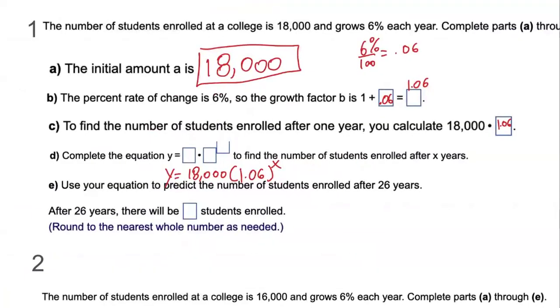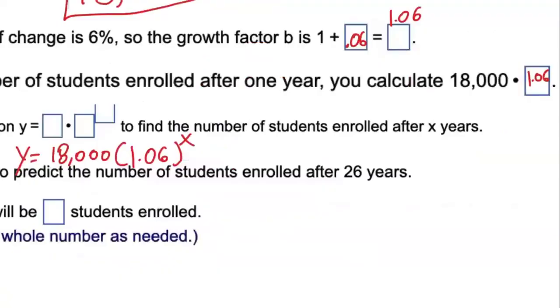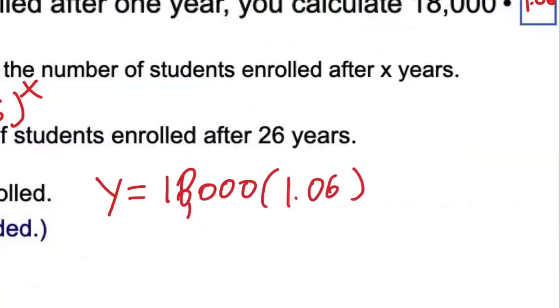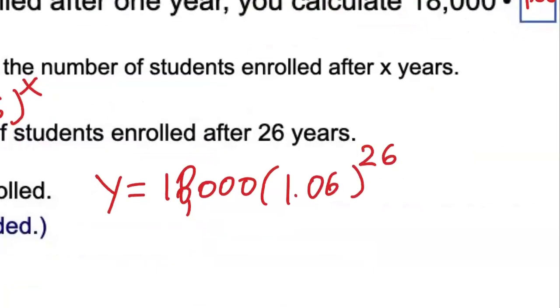Now use your equation to predict the number of students enrolled after 26 years. For part E, how many students would there be after 26 years? I will take my equation, 18,000 times my growth factor, times the exponent to the power of 26. This is going to require you to just plug it into your calculator. Be very careful. Do not do times 26. It's going to be to the power of 26.